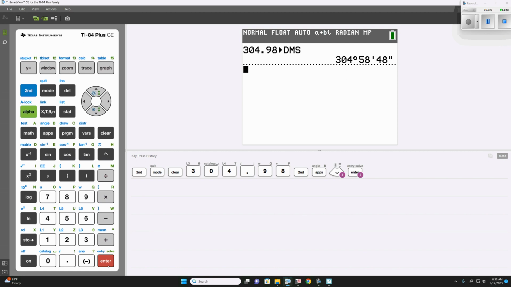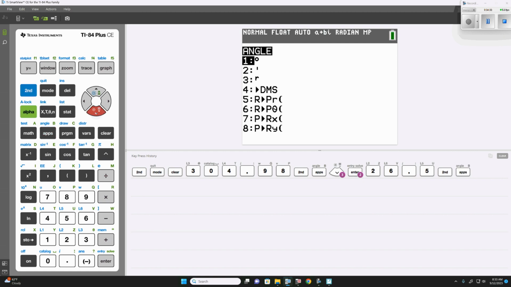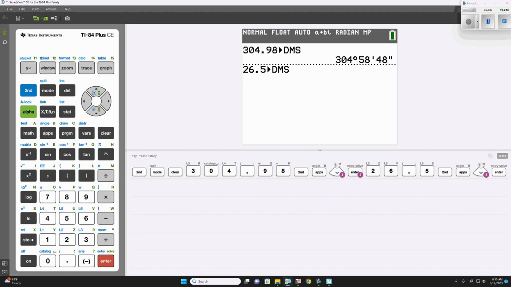It'll convert it over for us. So on the previous one, which was our 26.5, I can go second apps, degrees, minutes, seconds, and it'll tell us it's 26 degrees, 30 minutes, and 0 seconds. Questions on any of this so far?